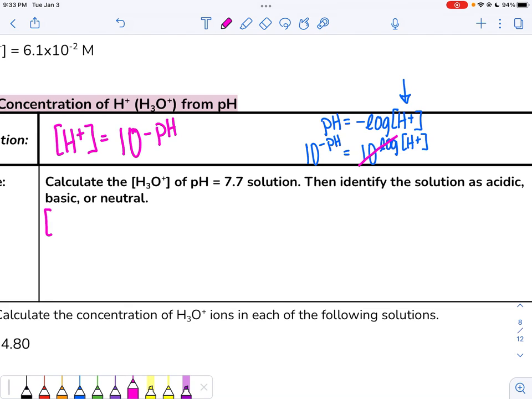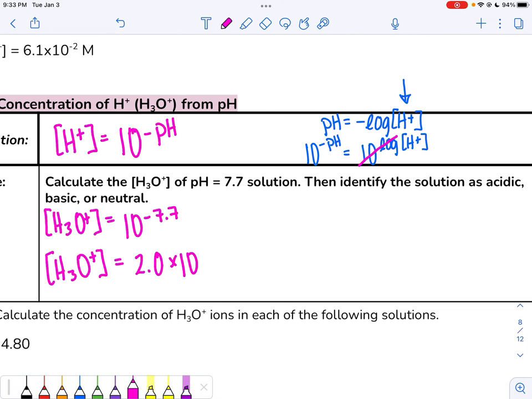So if I want to calculate the hydronium concentration of a pH 7.7 solution, my concentration of H3O plus is going to be equal to 10 to the negative 7.7. Plug this in your calculator and you end up with 2.0 times 10 to the negative 8th molar.